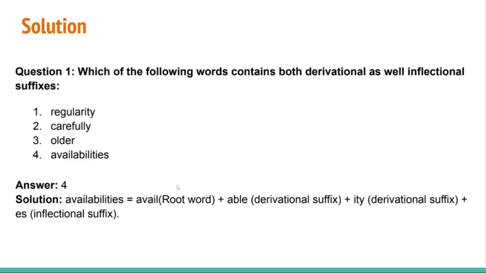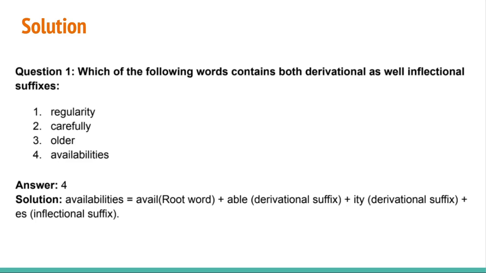Here one thing to observe is that going from avail to available, there was a change in part of speech tag category. Going from available to availability, there was again a change in part of speech tag category. However, going from availability to availabilities, there was no such change.